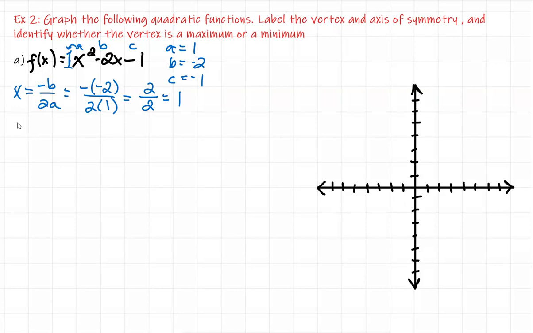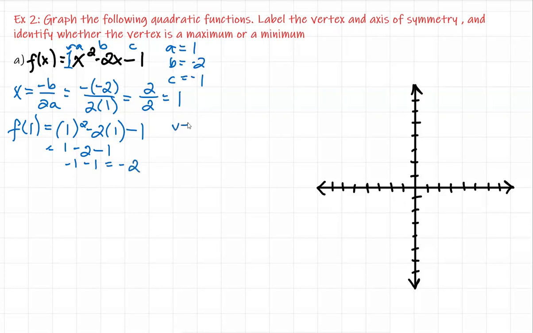If I want the y value, I need to do f of negative b over 2a. But instead of writing that monstrosity, I know in this case it's 1. So f of 1. I'm plugging 1 into my function, so I substitute 1 for each of my x's. 1 squared minus 2 times 1 minus 1. 1 squared is 1, minus 2 minus 1. 1 minus 2 is negative 1, minus 1 equals negative 2.